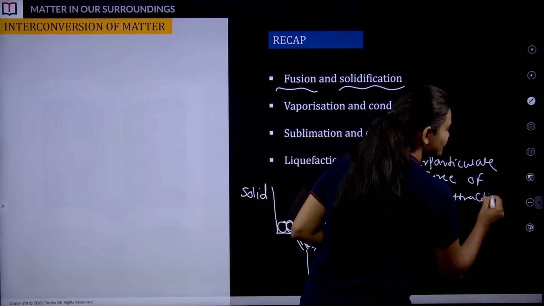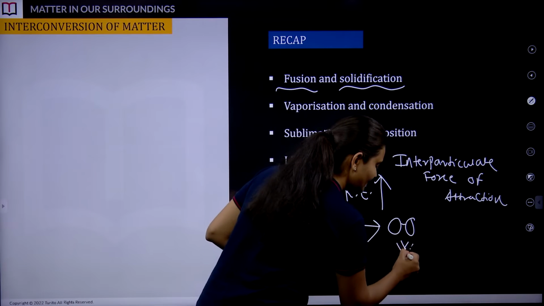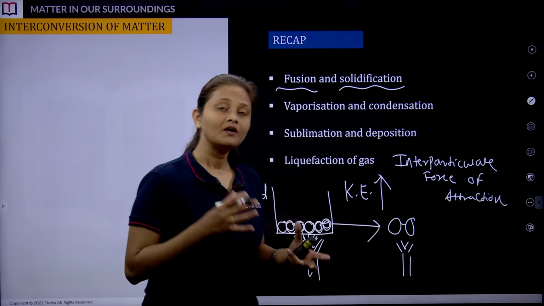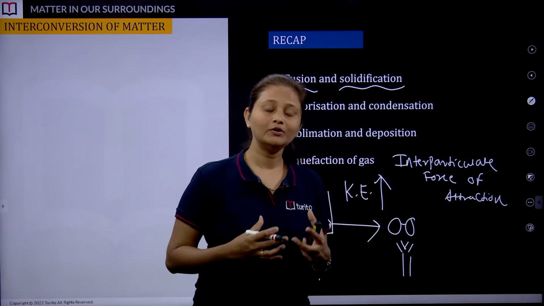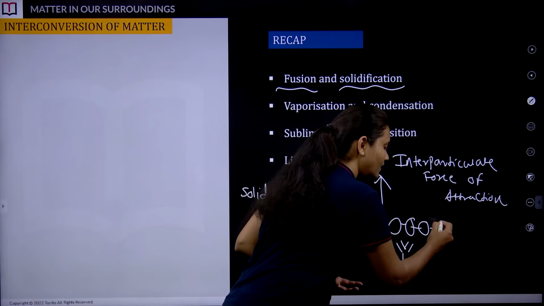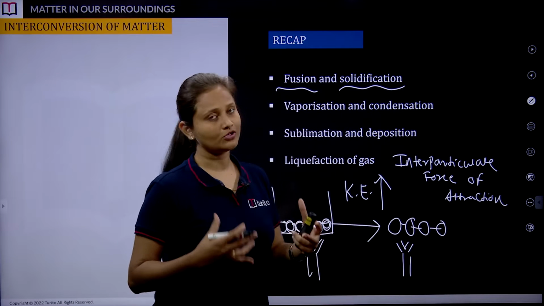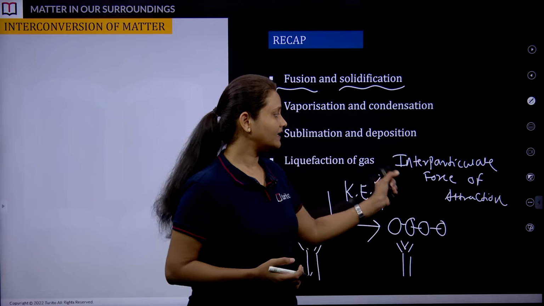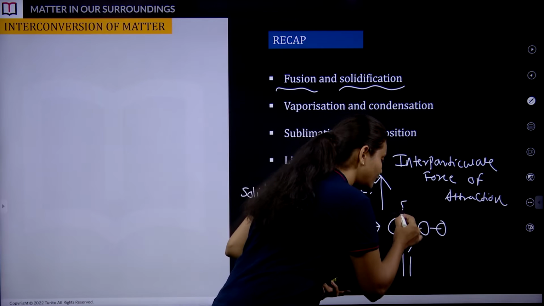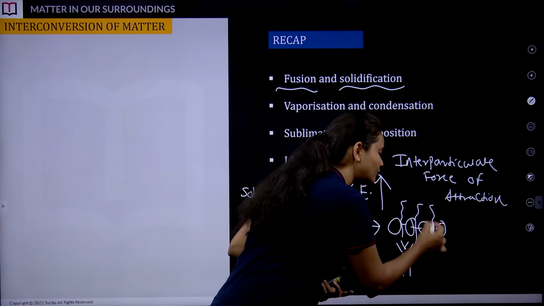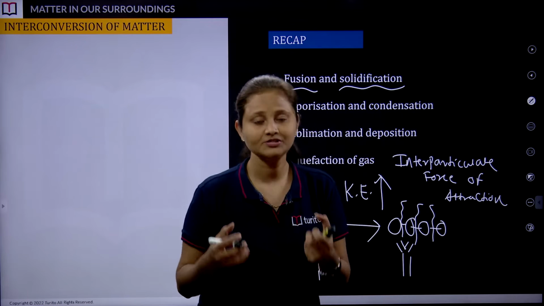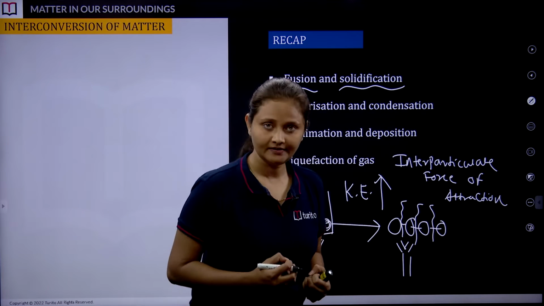So here what happens, students, when you supply some heat to these particles, the force of attraction is going to decrease. Now these particles feel less force of attraction, because we are going to fuse the bonds. We are going to break down the bonds among these particles by supplying heat.